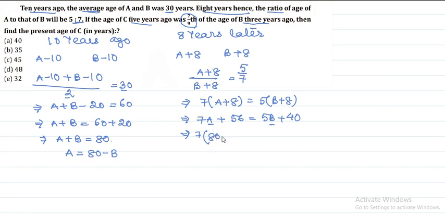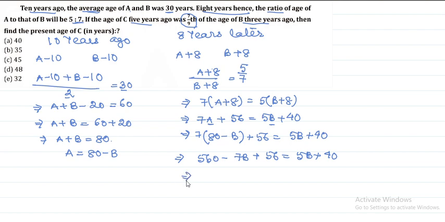That is 7 into (80 minus B) plus 56 is equal to 5B plus 40. Okay. So that is 560 minus 7B plus 56 is equal to 5B plus 40.